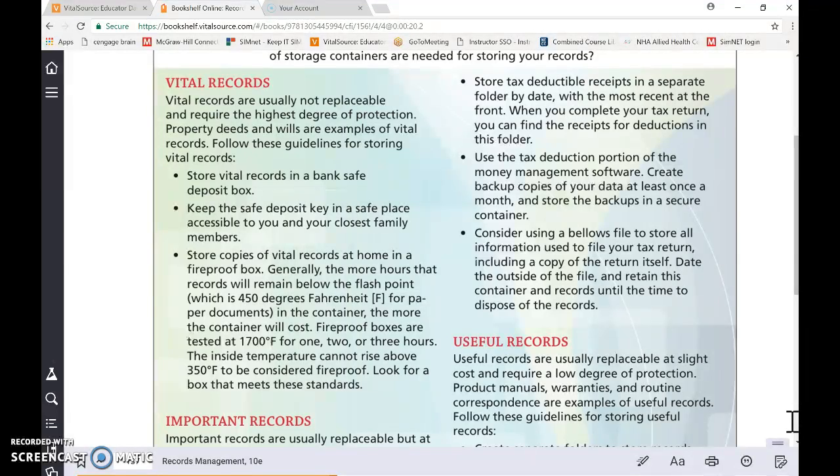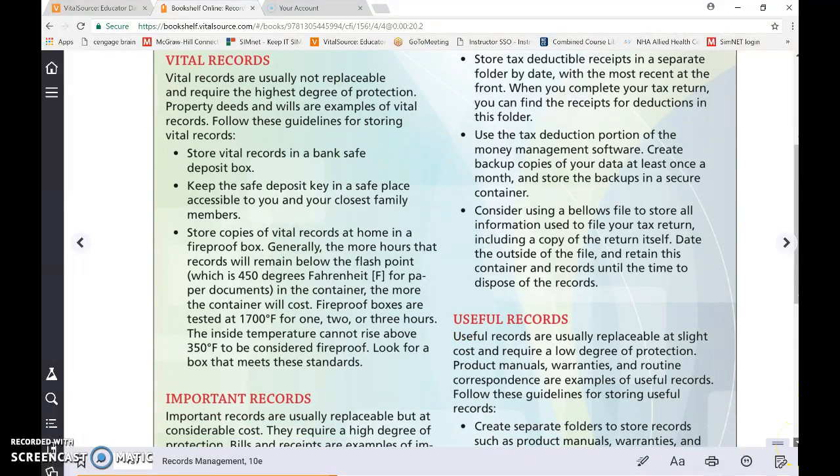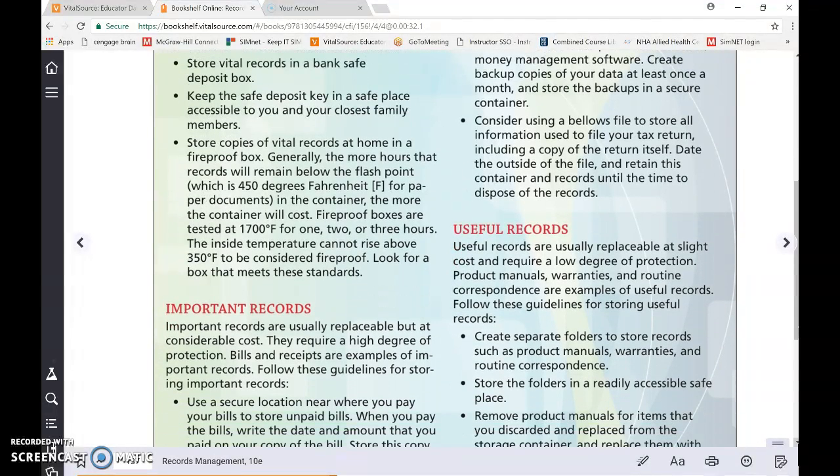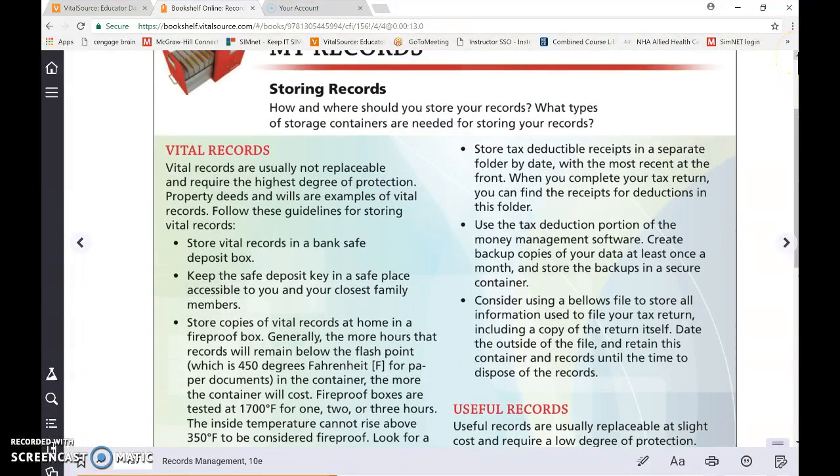Important records is the next group, and you can replace these fairly easier than the vital records, but it's still very important. And these could be unpaid bills, or receipts from bills, that type of thing. You can also do tax deductible receipts, that type of information.